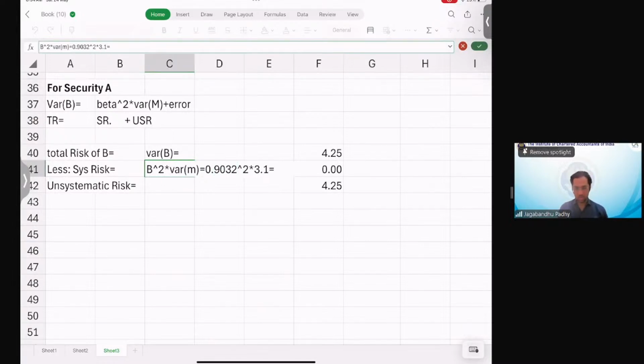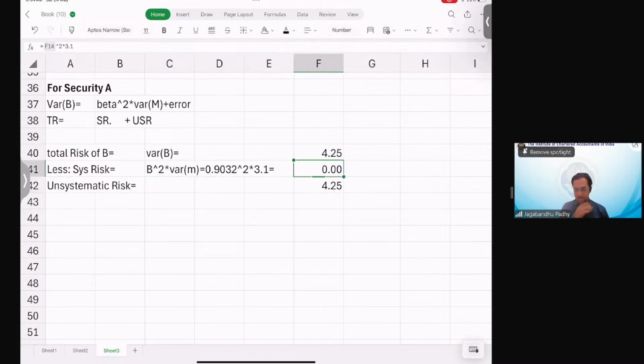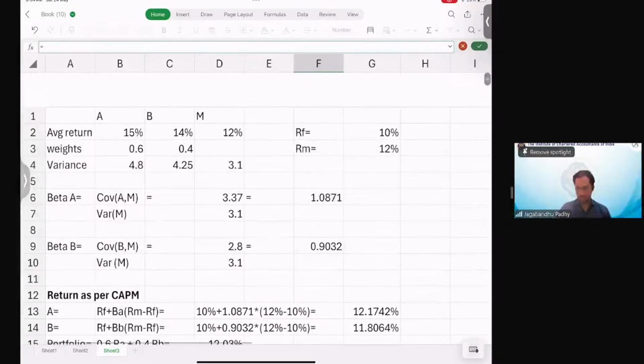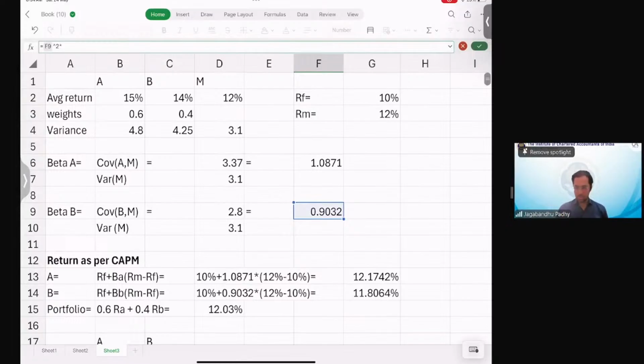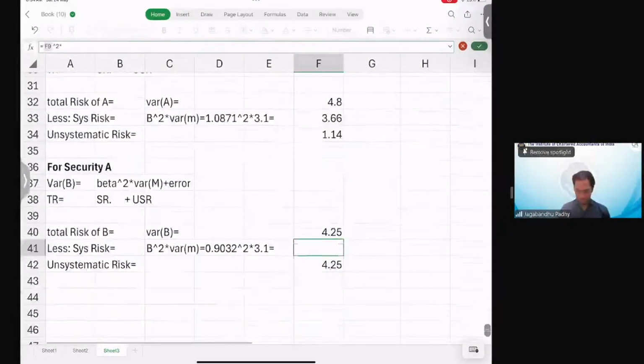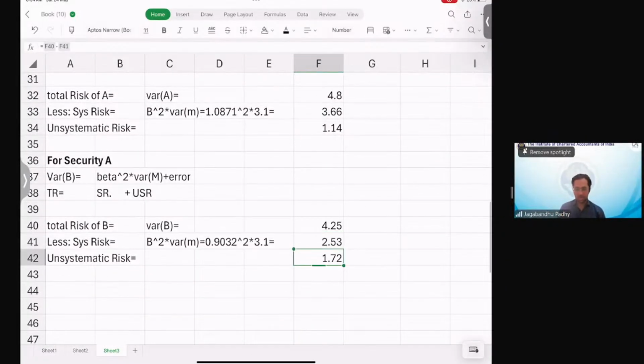0.9032 square into variance of market. So that's 0.9032 square into 3.1. This is your systematic and unsystematic. This is 1.72. Okay.